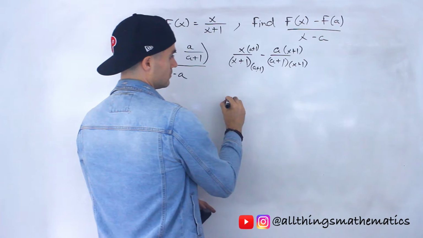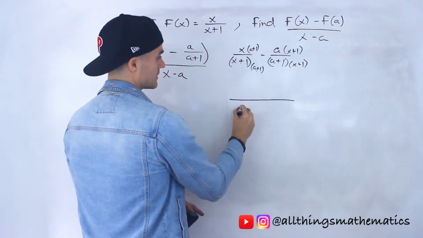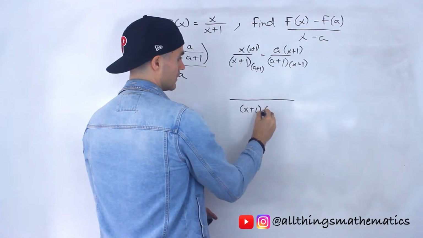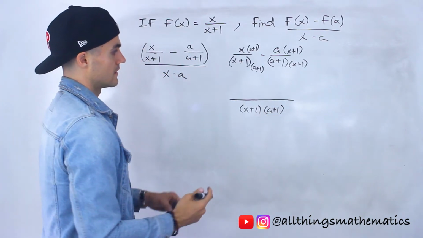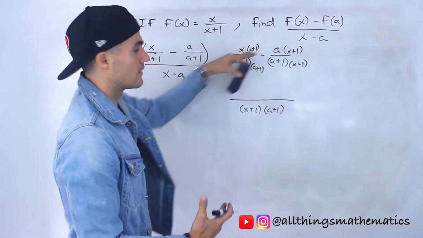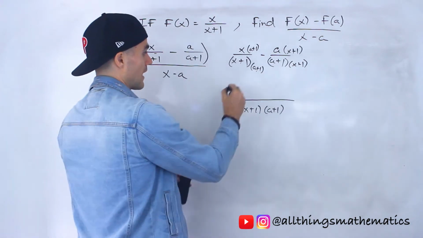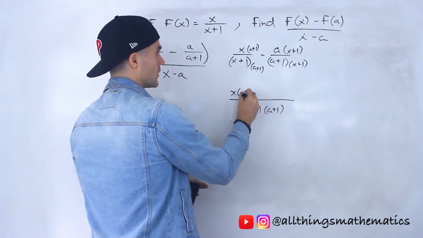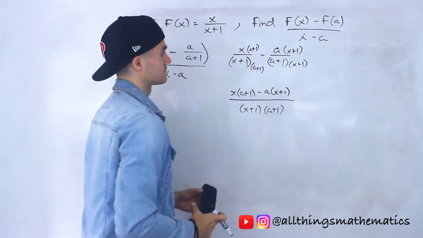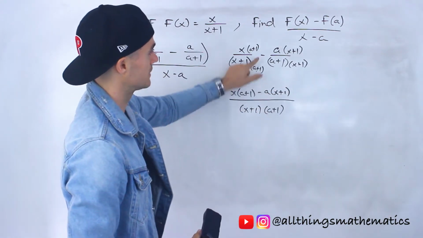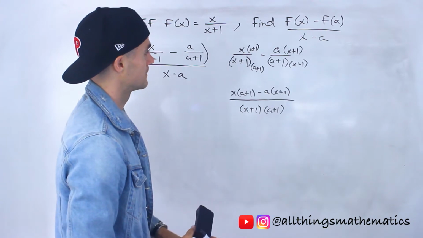And so now what we'll end up having is x plus 1 times a plus 1 on the bottom, and we can just combine that numerator. So we'd have x bracket a plus 1 minus a bracket x plus 1. The minus here is because of the subtraction.